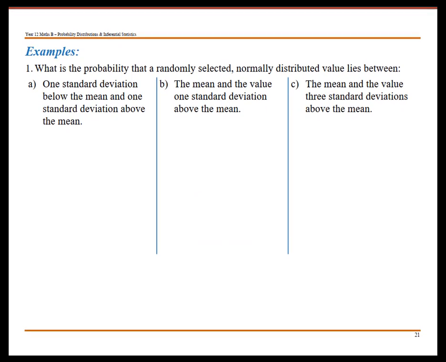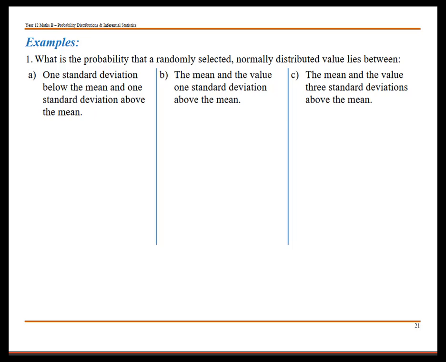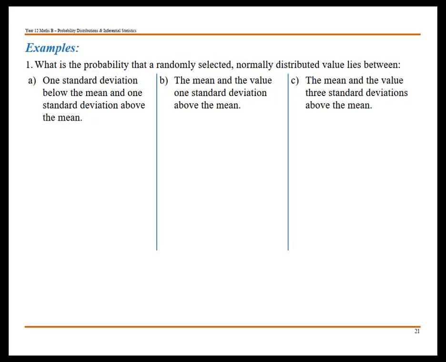So looking at these questions here, what is the probability that a randomly selected normally distributed value lies between 1 standard deviation below and 1 standard deviation above the mean? That was, from the previous slide, 68%.